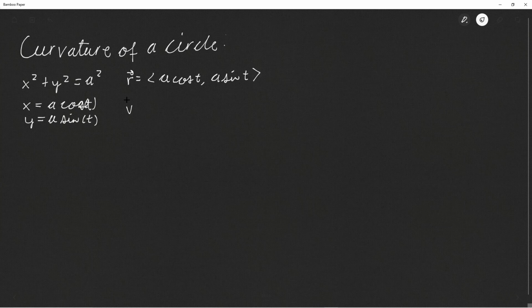And then to find our velocity vector, we just take the derivative of our position vector, which gives us negative a sine of t and a cos of t.